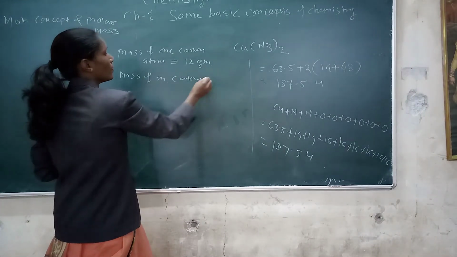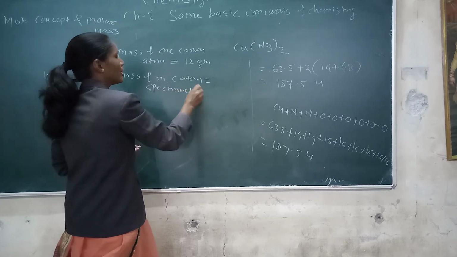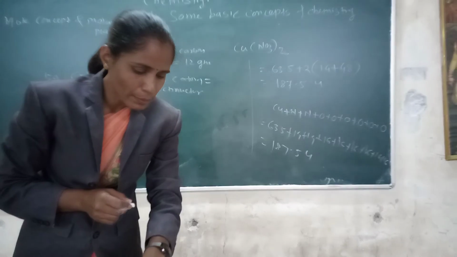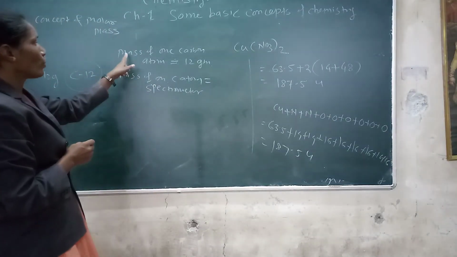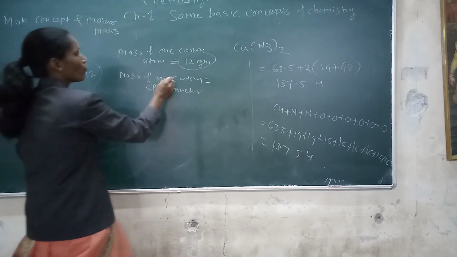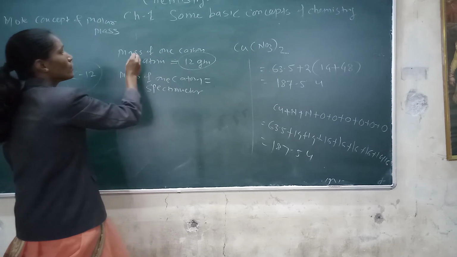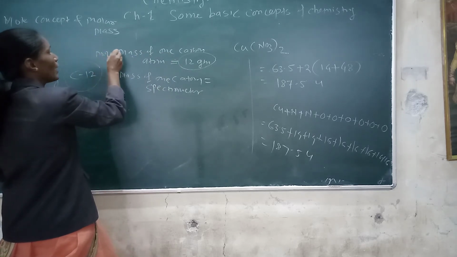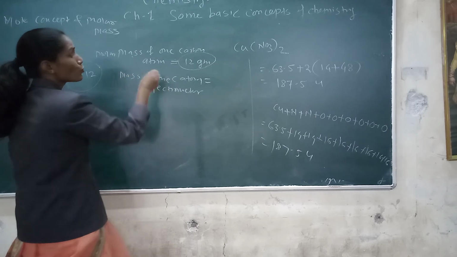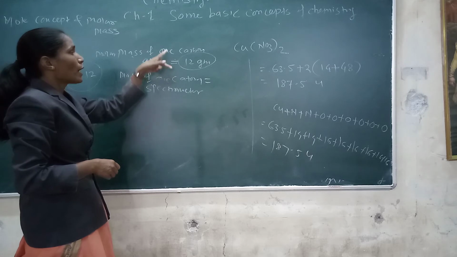And mass of 1 mole of carbon atoms means atomic mass. Atomic mass of carbon is 12 gram, and mass of 1 carbon atom in spectrometer, this is the molar mass or atomic mass. Atomic mass of carbon-12, and mass of 1 atom means weight of 1 carbon atom. These two are different quantities.